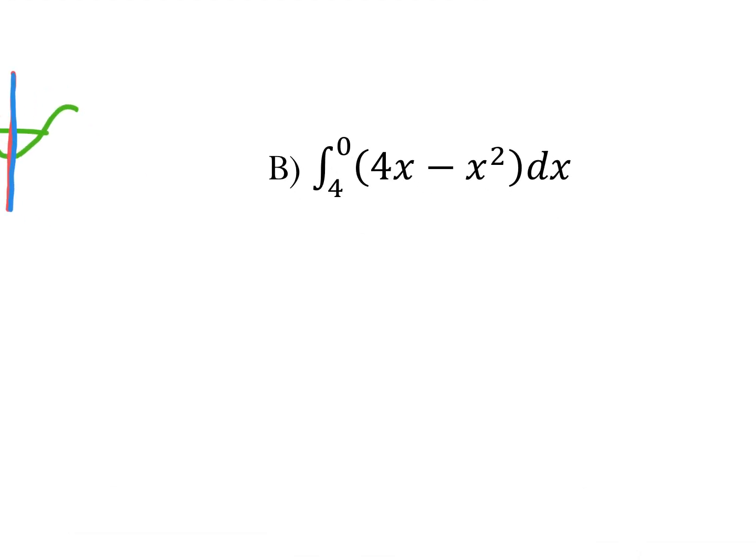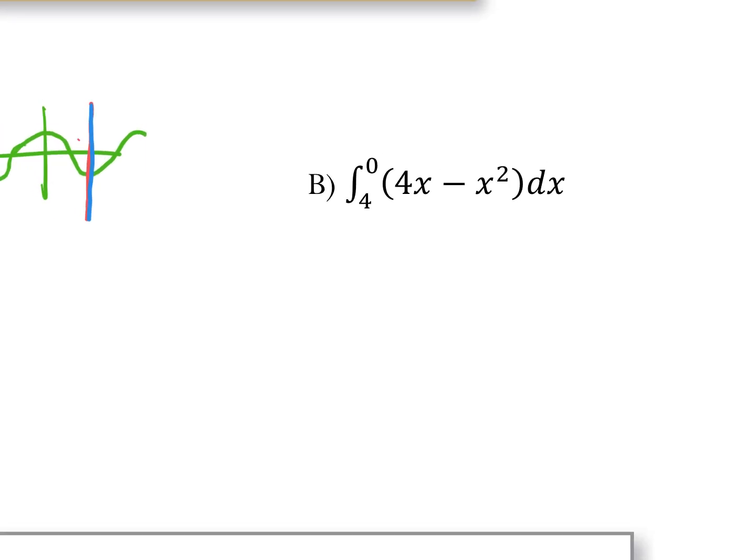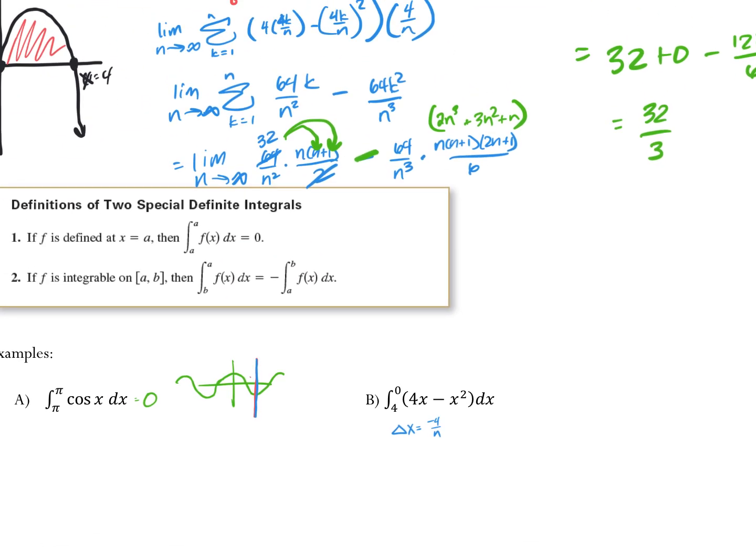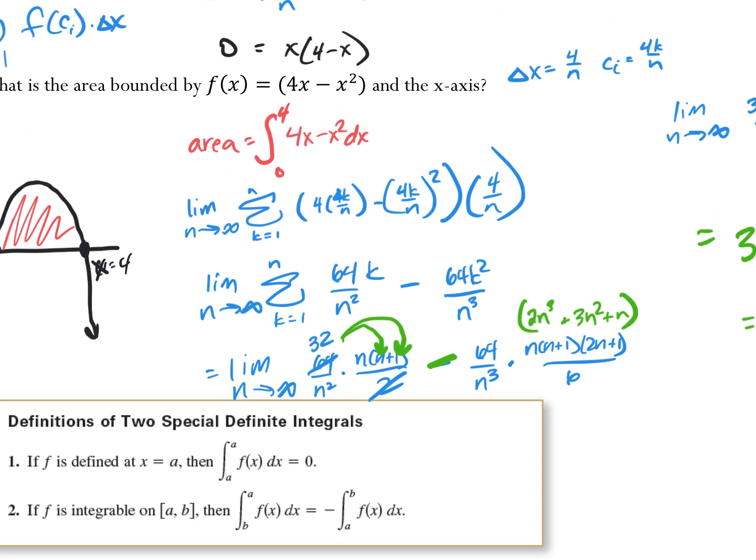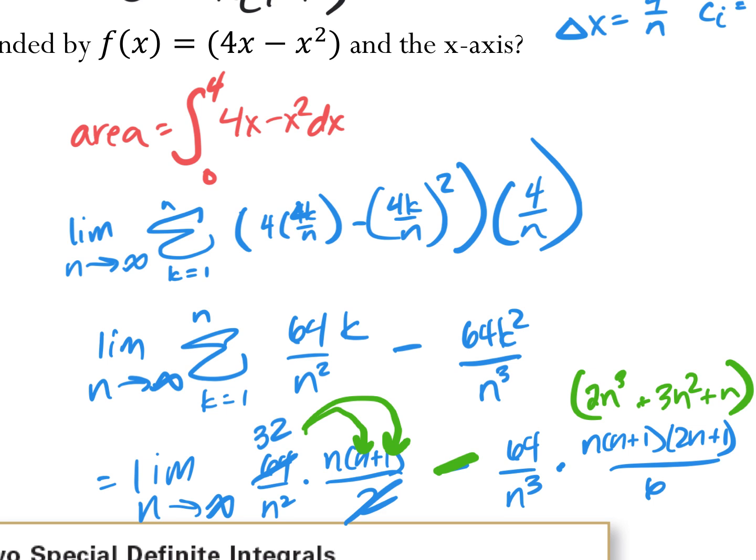All right, now let's look at this one real quick. Does that look familiar? What happened? The bounds flipped. So if we think about this from the analytical perspective, delta x is now going to be negative 4 over n. The rest of it, that negative isn't going to matter as n goes to infinity.